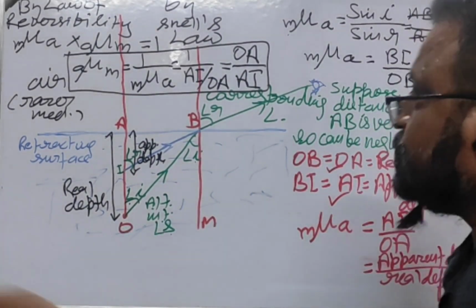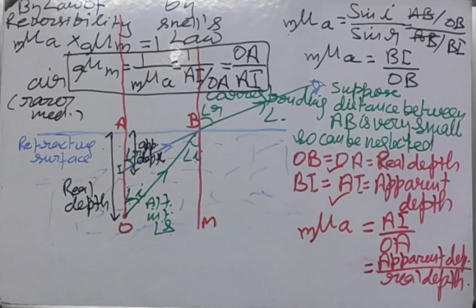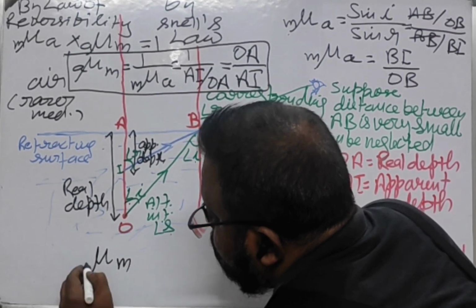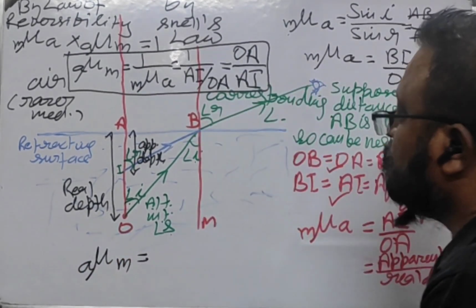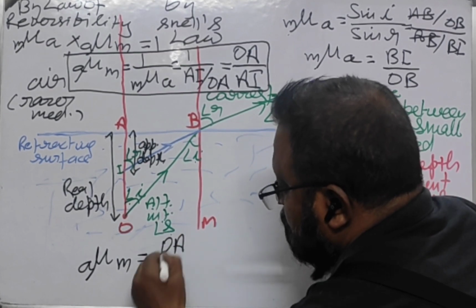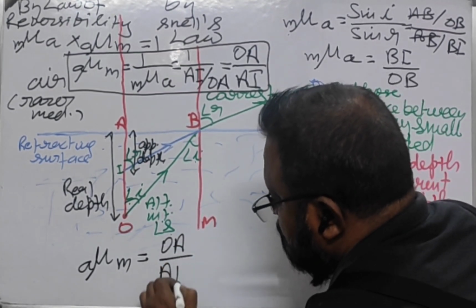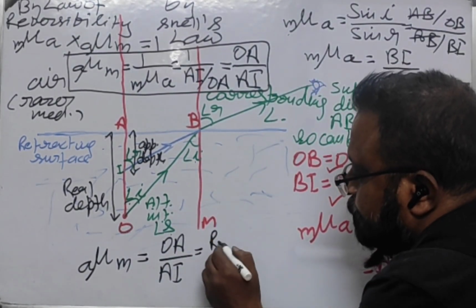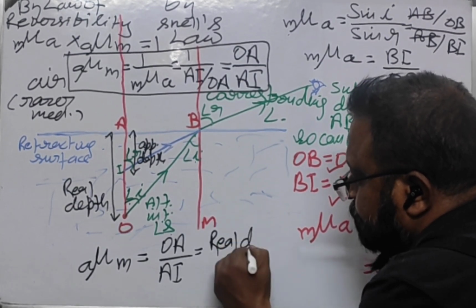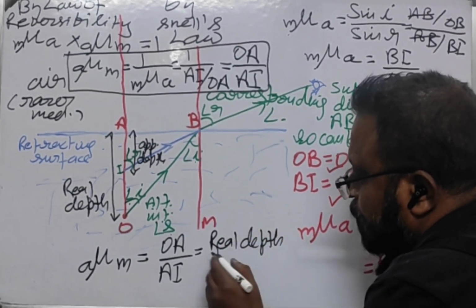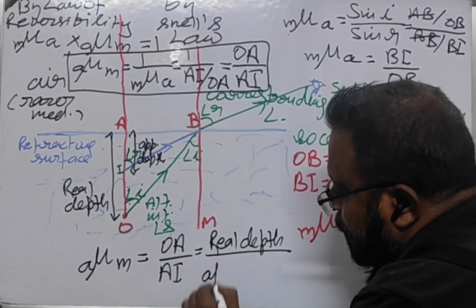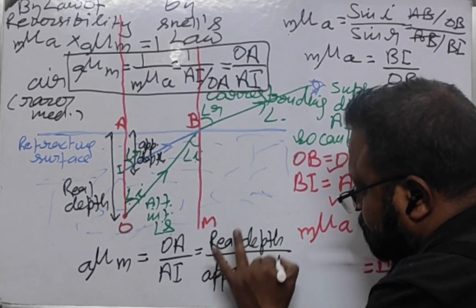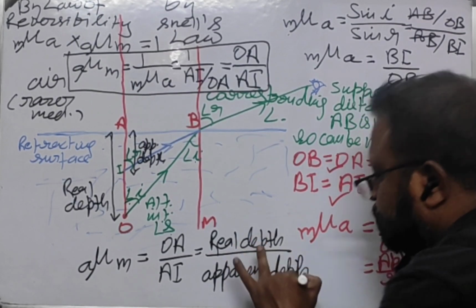So at last we can say refractive index of medium with reference to air is equal to OA upon AI, which is equal to real depth upon apparent depth, right?